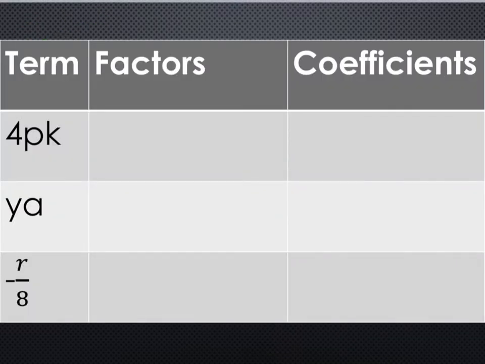So let's talk about which of these are factors, which of these are coefficients. The factors in all of this are 4, P, and K. Let me rewrite that in orange just to make sure you can see it. 4, P, and K. All of these are different factors.